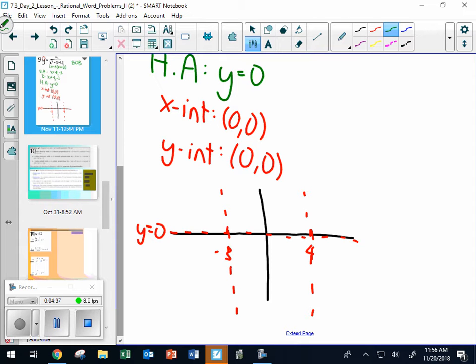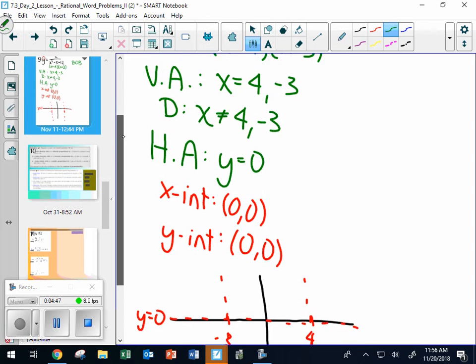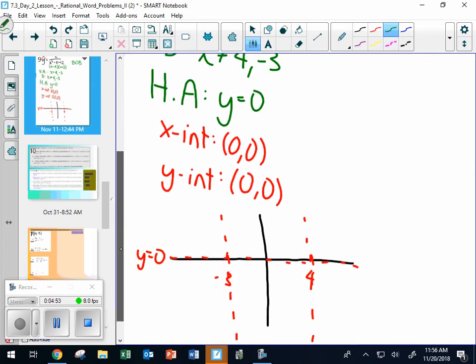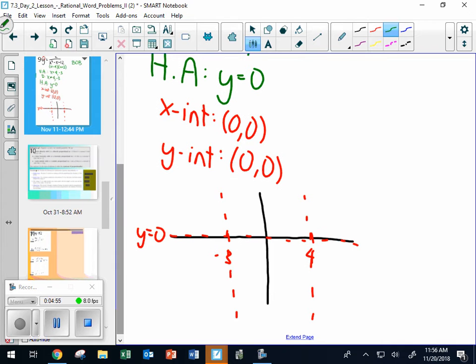What's an important point we need to add to our graph? Olivier? So we already added those because those were our vertical asymptotes. What other point have we not added so far, though? We haven't added 0, 0, right? And that's right here.